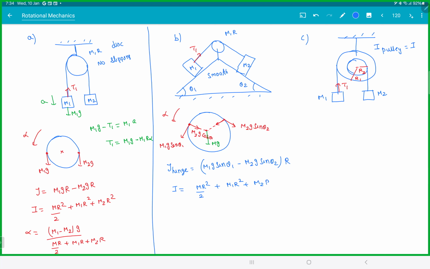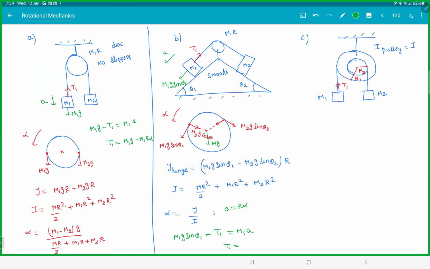Alpha will be torque by I. So for this block, if you write the force equations, M1g sin theta 1 minus tension T1 is equal to M1a, which is M1R alpha. Solve this, you'll get tension T1 from here.